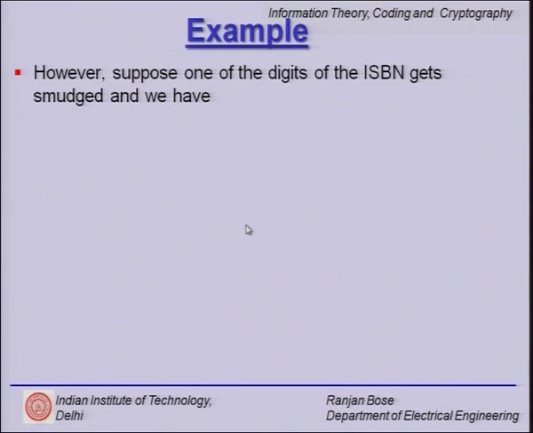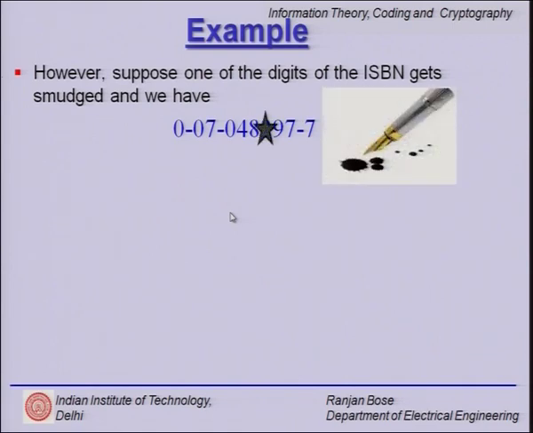Let us look at an example. So, we put another valid ISBN. You can satisfy yourself that this is a valid ISBN, but you know, books, we work with pens, there are moths around, and you can have an ink pen which is leaky and you splash some ink. So, one of the digits is blotted or smudged. We have no clue what it was.